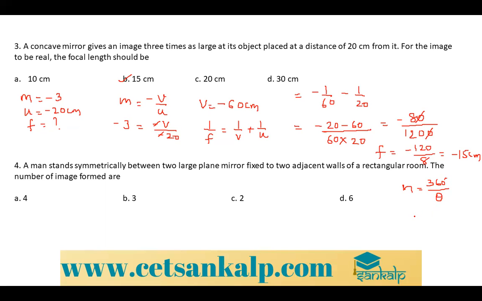So it is inclined to large plane mirror ಅಂತಂದ್ರೆ the walls will act as two plane mirrors inclined to each other andre, so theta is equal to 90 degree. So n is equal to 360 divided by 90. So you have 4.